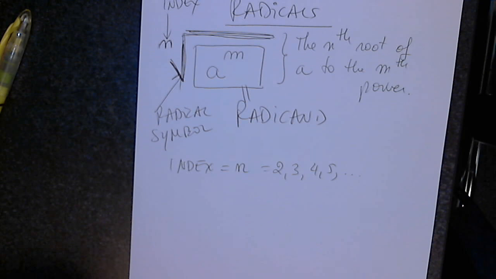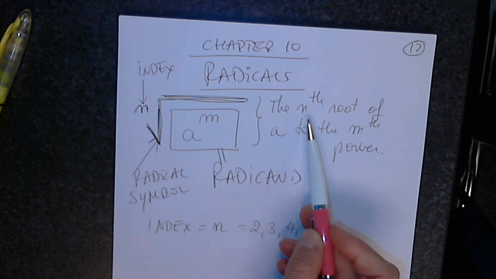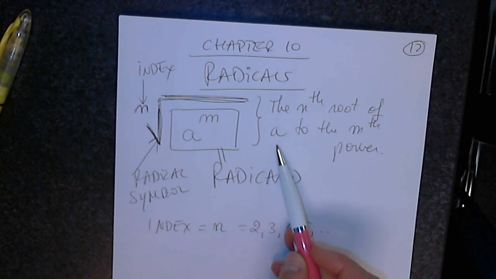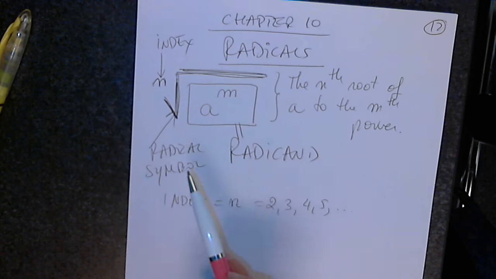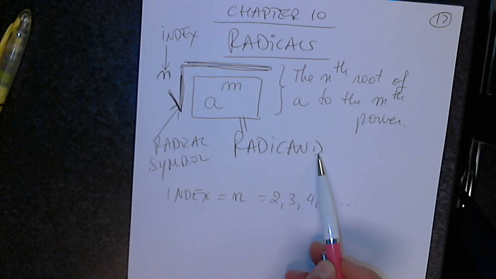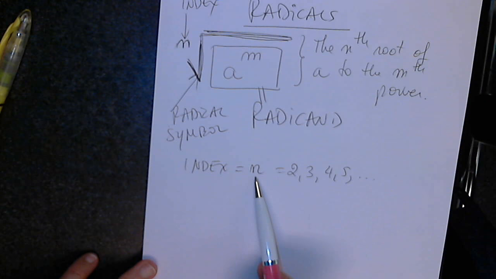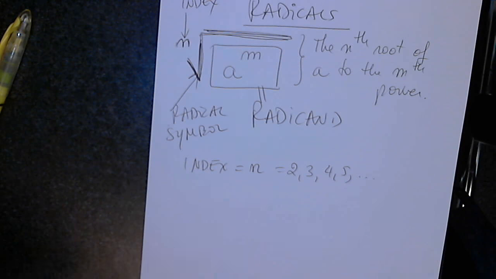Can you encounter some other situations? Yes, but in general, that's the way we define radicals. So this is the index, the radicand, and the radical symbol. The index is lowercase n: 2, 3, 4, 5, and so on. So it can't be a decimal, 1 or negative? It cannot.